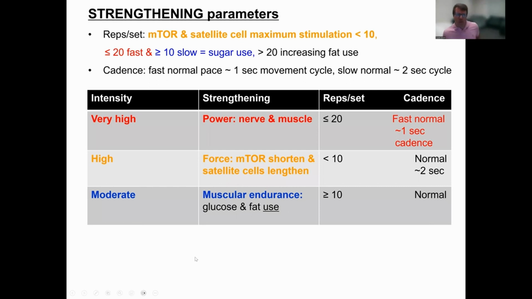So some groundwork language. Repetition is one cycle of a movement, like opening and closing a door, or sitting down and standing back up, which is a body weight squat. And to get stronger, there's a couple things that have to happen in your muscles. There has to be a movement with an added resistance.